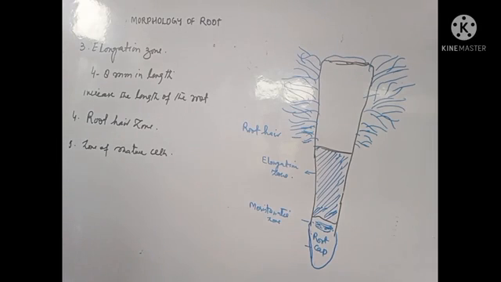Outermost layer of this region has thick walled cells. Its only function is that it attaches firmly the plant to the soil. So this is the structure of a typical root.